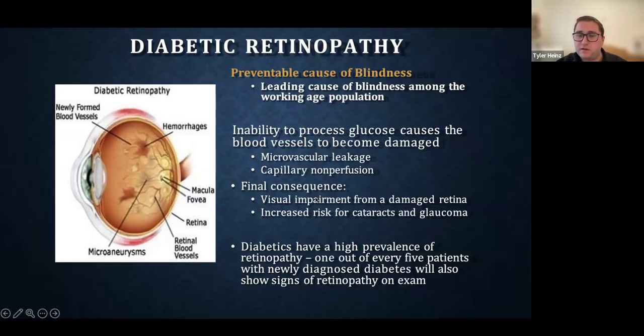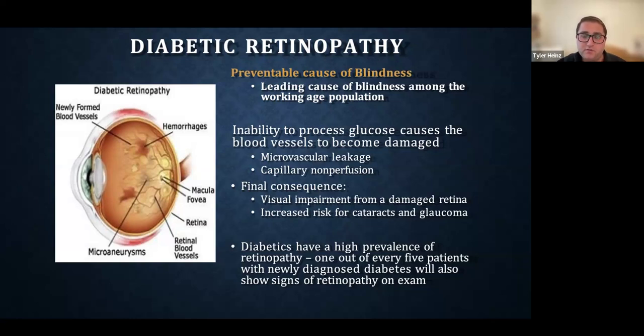The final consequence is going to be visual impairment, damaging of the retina, and it also puts us at an increased risk for cataracts and glaucoma. And why is it glaucoma? That's because of neovascular glaucoma. There are different types of glaucoma, but neovascular glaucoma is when we're developing new blood vessels. With extensive diabetic retinopathy, a lot of microvascular leakage and hemorrhages, we're not getting the proper blood flow around the eye, so you start to develop new blood vessels all over the place to compensate, and it's going to crowd our angles.